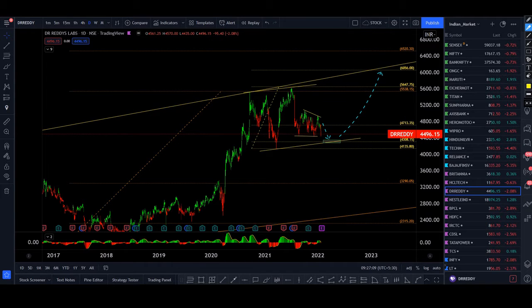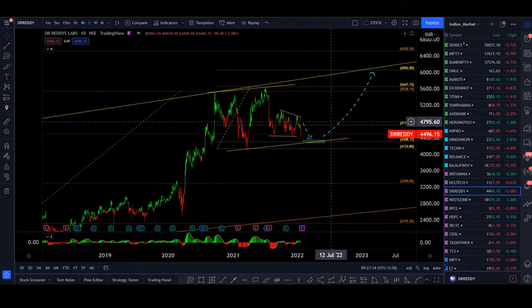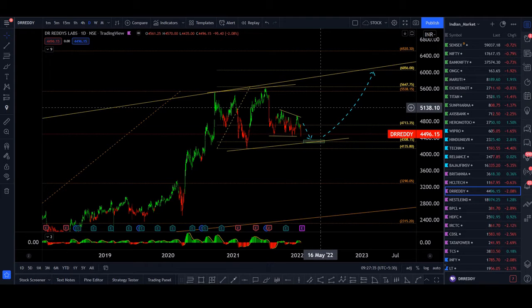If you can see, the first wave down has completed, and then we have a correction up, and then we are in the downward move for the second one, and our expectation is around 4300 rupees, and then the next target will be around 600. So yep, we're watching closely, and this might also be another pattern forming. We'll follow it. Once it gets mature, we will be entering a trade.